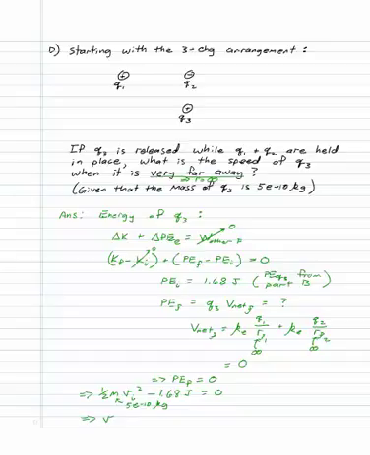I wrote initial speed, but this is the final speed that goes there; there was no initial speed. Now we've solved for the final speed, and that is 8.20 times 10 to the 4 meters per second. And that's the end of this problem.